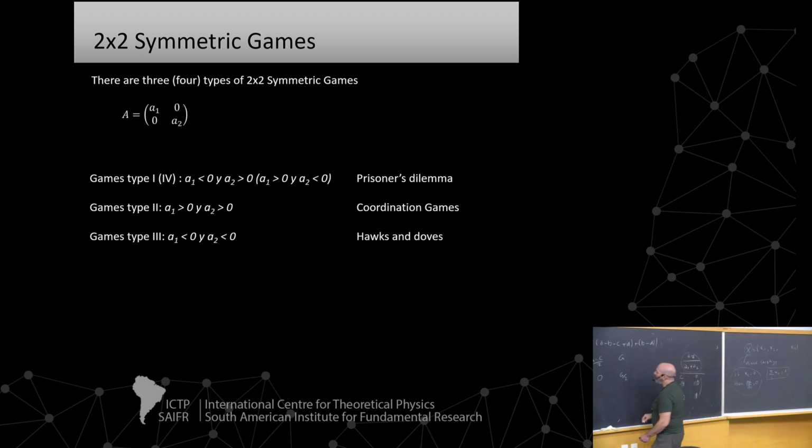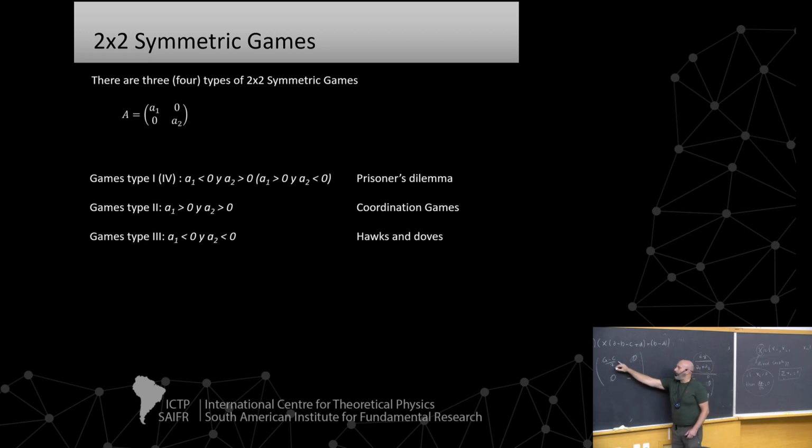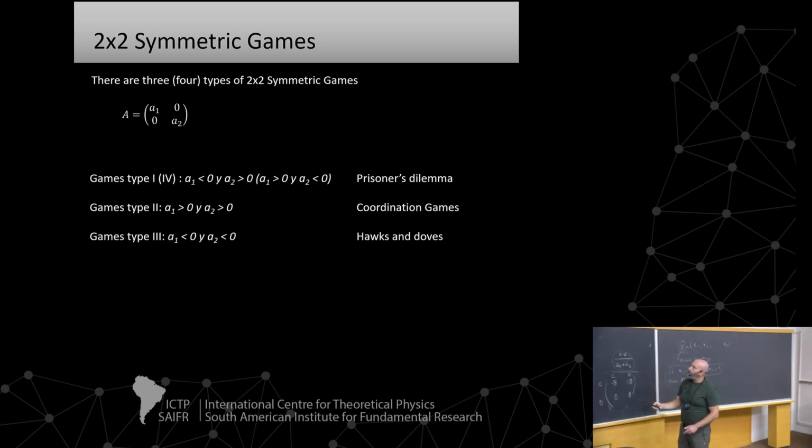There is a 0 here. Remember that C was greater than χ, so this is negative, so I am in a situation when both A1 and A2 are negative, so I am in this group. Okay? So Hawks and Doves is an example of games of this group.